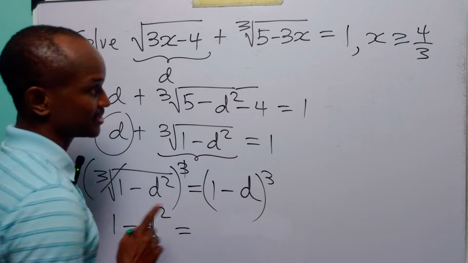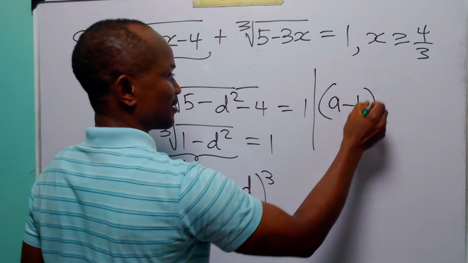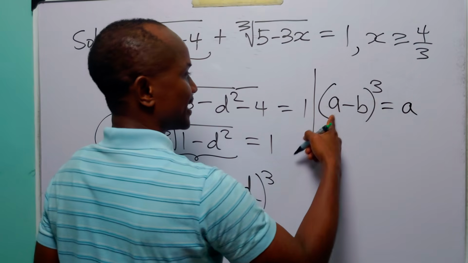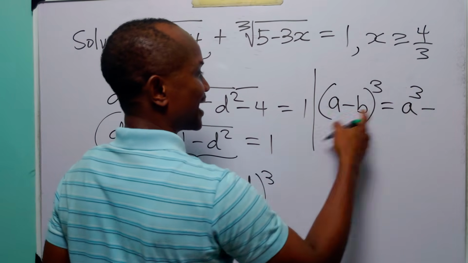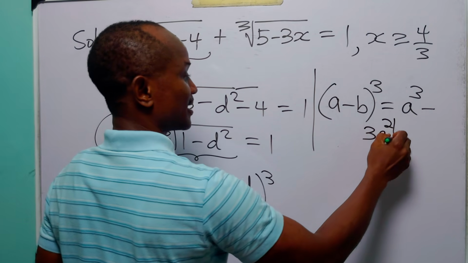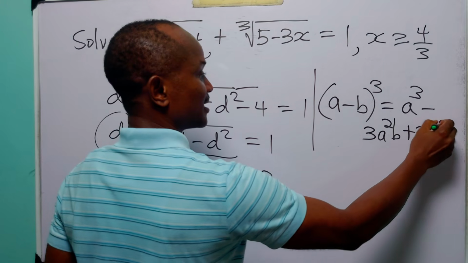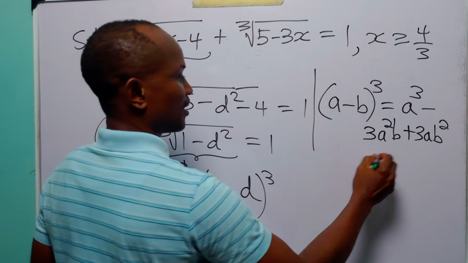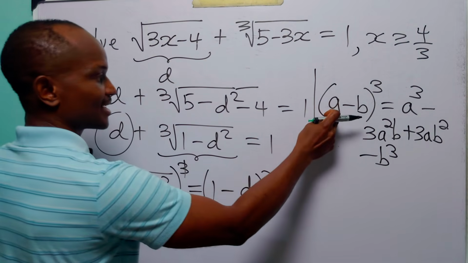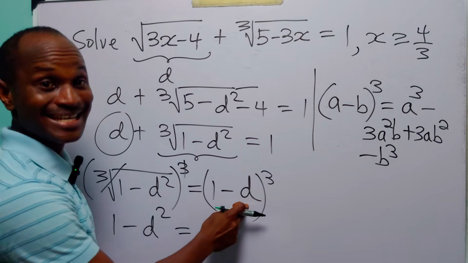Now, to expand the right-hand side, let us remember that a minus b cubed is equal to a cubed minus 3a squared b plus 3ab squared, then minus b cubed. Of course, it's easy to see that a is 1 and b is d.